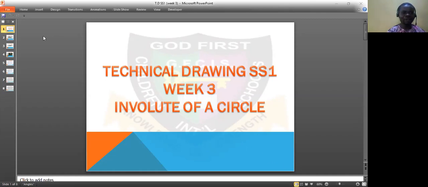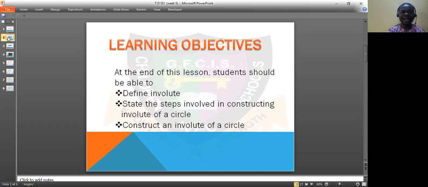At the end of this lesson, you should be able to define involute, state the steps involved in constructing an involute of a circle, and lastly, construct an involute of a circle. These are the objectives for this particular lesson.